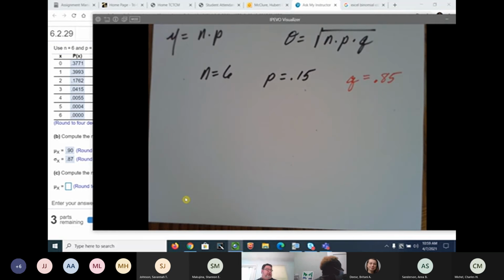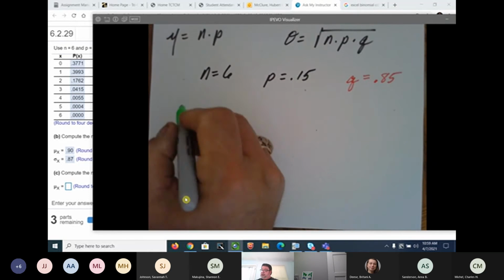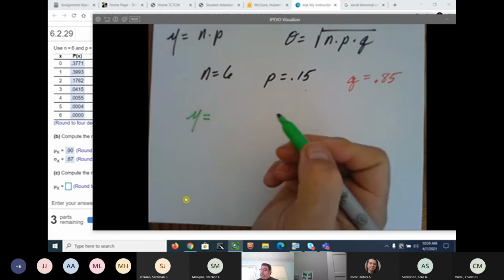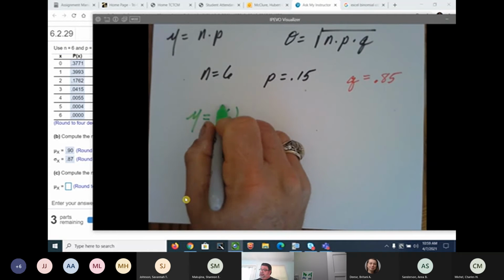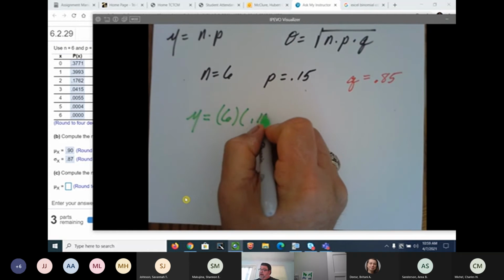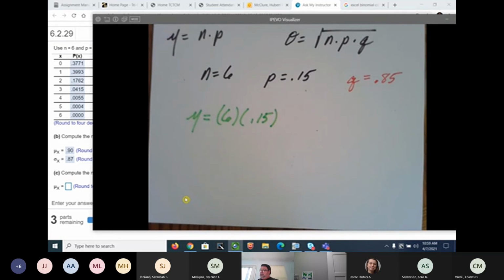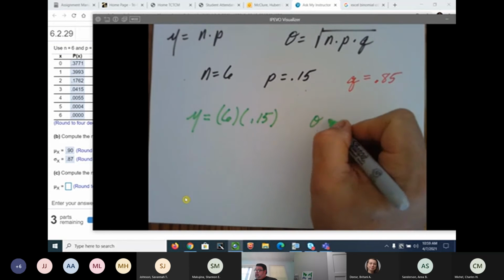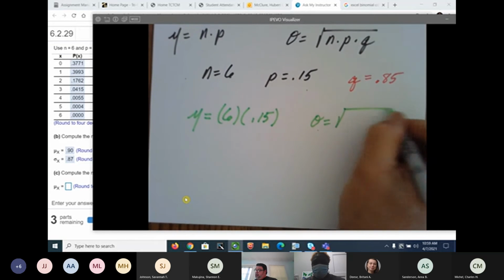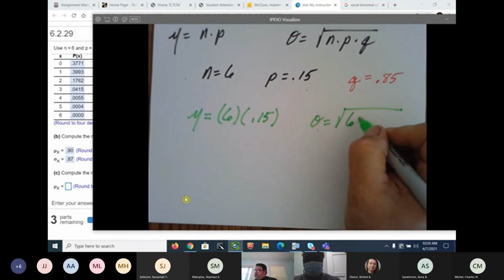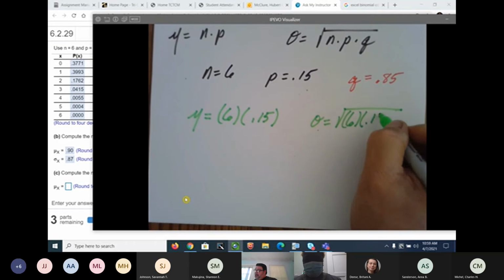Therefore, I'm going to take my green pen, and I'm going to do mu is equal to 6 times 0.15. And the standard deviation is equal to the square root of 6 times 0.15 times 0.85.